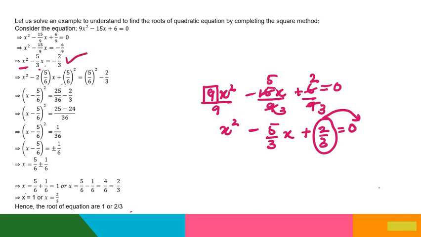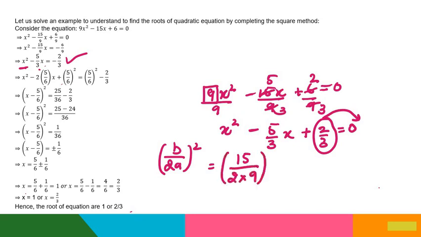Now we add to both sides b upon twice a whole square. Here b is equal to 15, twice a is equal to 18, and this is whole square, that is 5 upon 6 whole square.